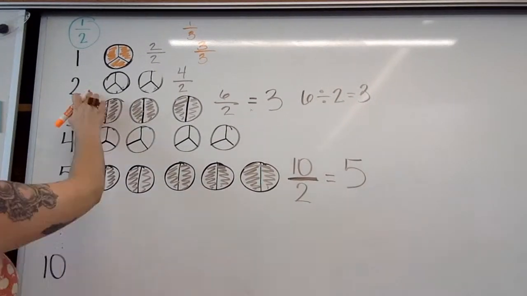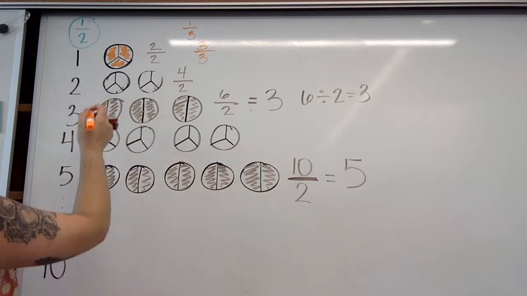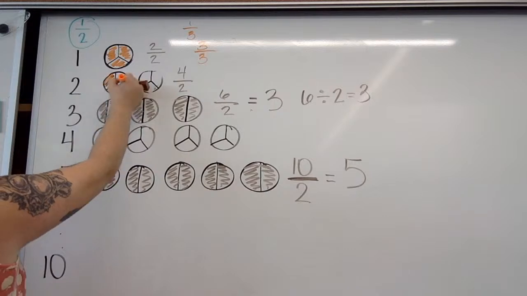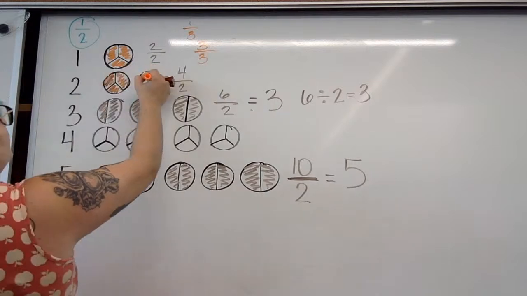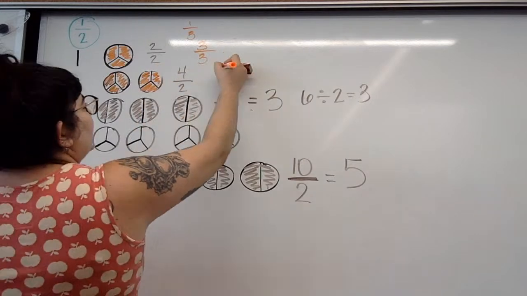What about if I have 2 wholes? How many thirds are there? Well, I have 1/3 plus 1/3 plus 1/3 plus another. That's 4/3, 5/3, 6/3.